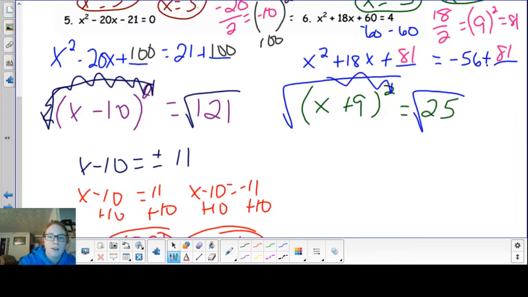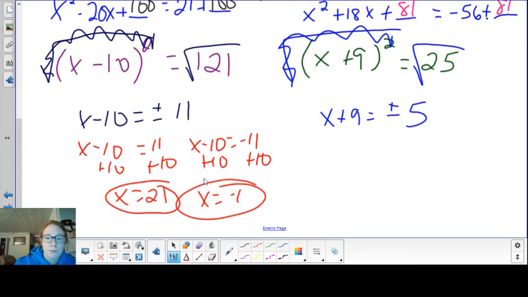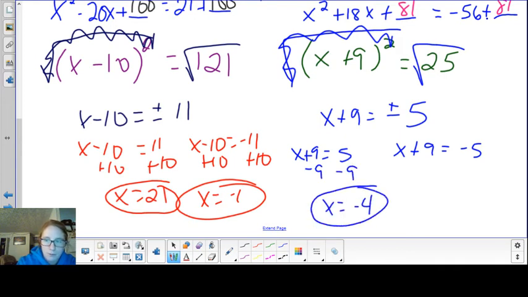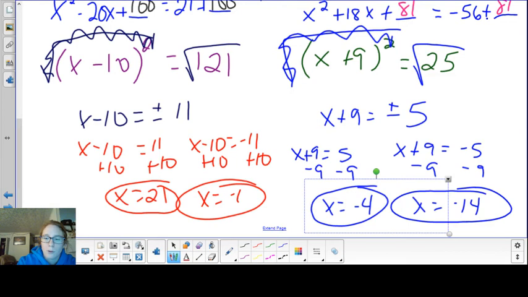So these guys cancel. I get x plus 9 is plus or minus 5. X plus 9 is 5. And x plus 9 is negative 5. We're going to subtract 9. So x is negative 4. We're going to subtract 9 again. So x is negative 14. And those are my two answers.